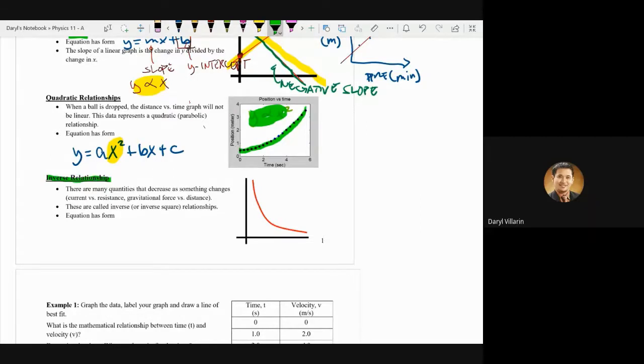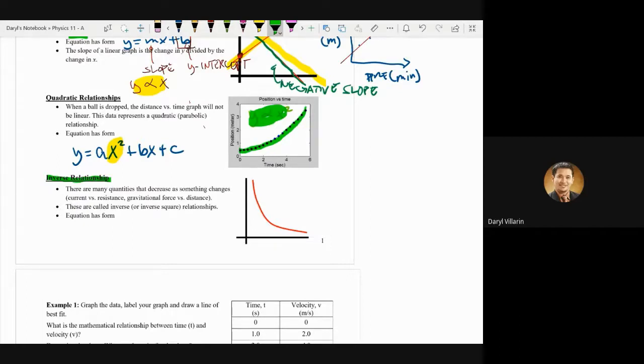Some common quantities that follow this relationship are current versus resistance and the gravitational force versus the distance. If you increase the distance, the gravitational force decreases.